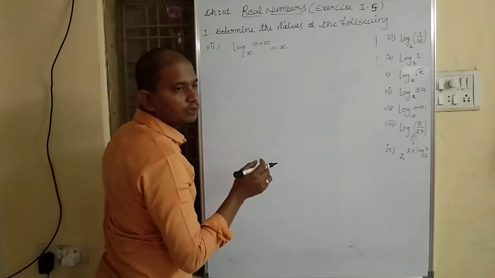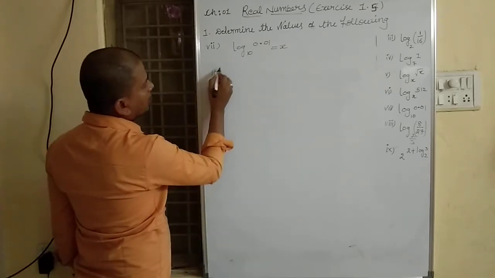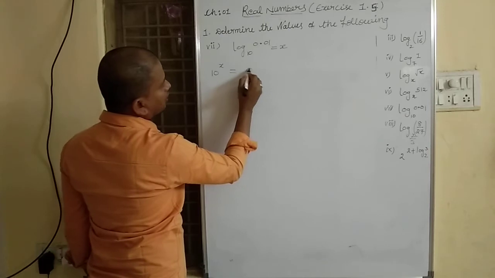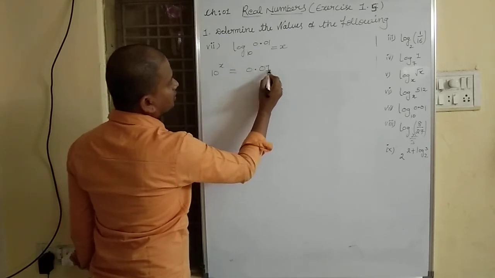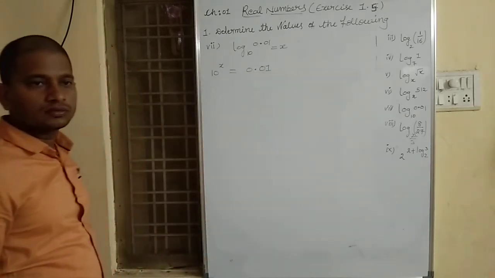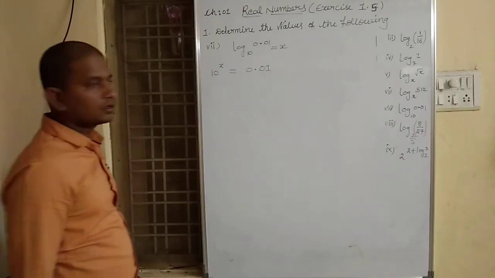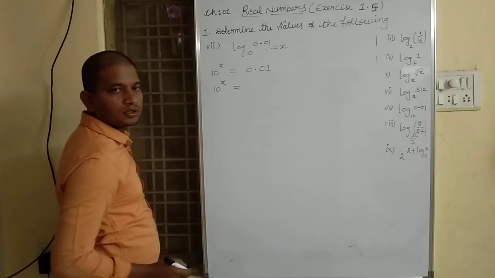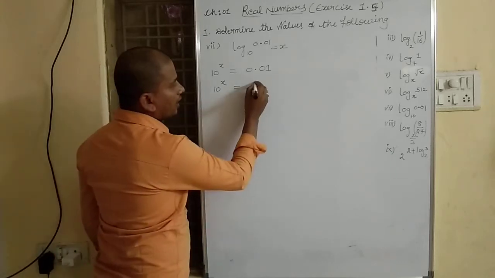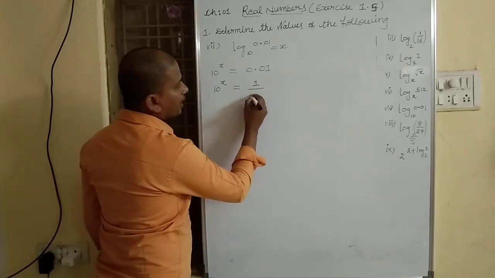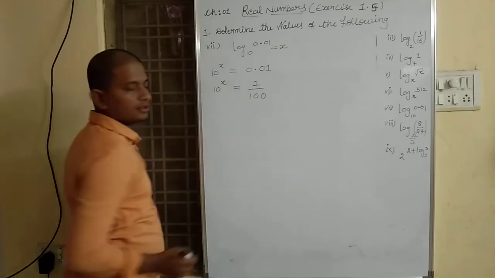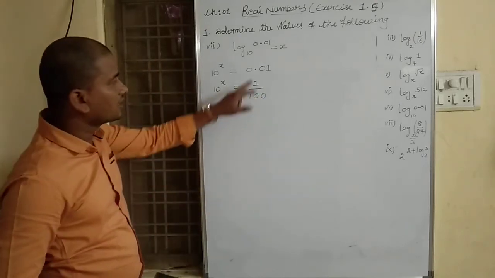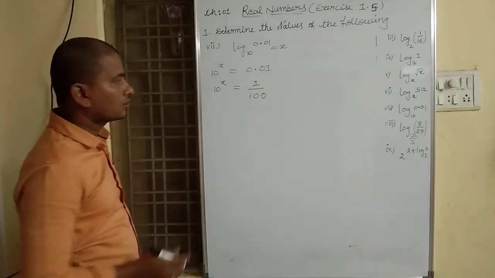Convert it into exponential form: 10 to the power x equal to 0.01. I can write it as 1 by 100. Yes, 1 by 100 is nothing but 0.01.